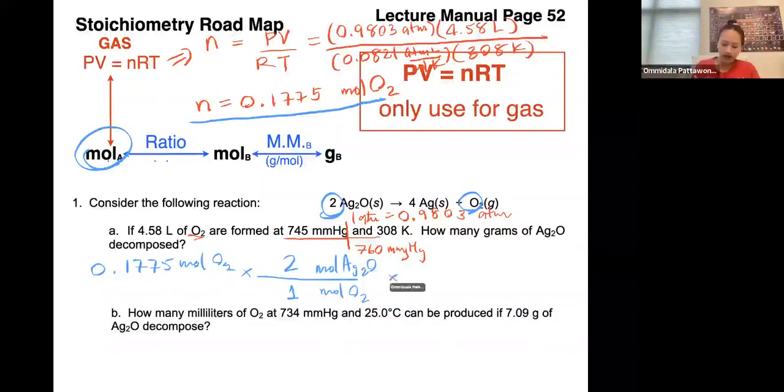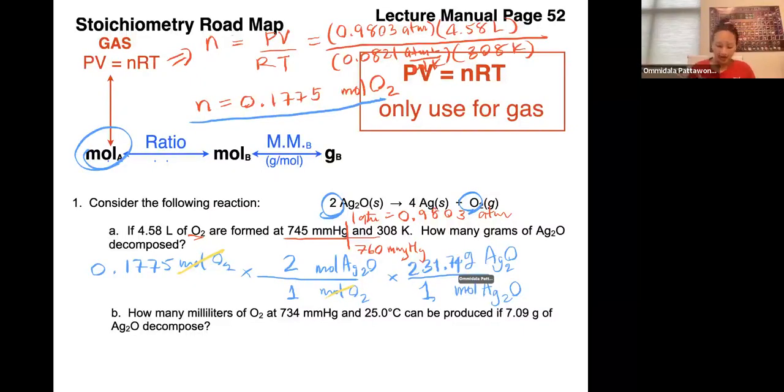Looking at the units, this unit cancels out, and you have moles of silver oxide left. The next thing is moles of silver oxide per grams of silver oxide, so you need to use the molar mass. If you add them correctly, the molar mass of silver oxide comes out equal to 231.74 grams.